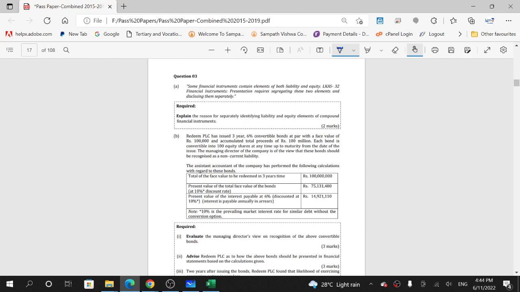Especially when it comes to a compound financial instrument, it creates a liability for the issuer, and also gives an option to the holder of the bond to convert this instrument into equity. Especially when it comes to convertible bonds, you can write that in the answer. Such convertible bonds have a financial liability to the issuer to settle in the future, and also an option to convert them into a number of equity shares in future.